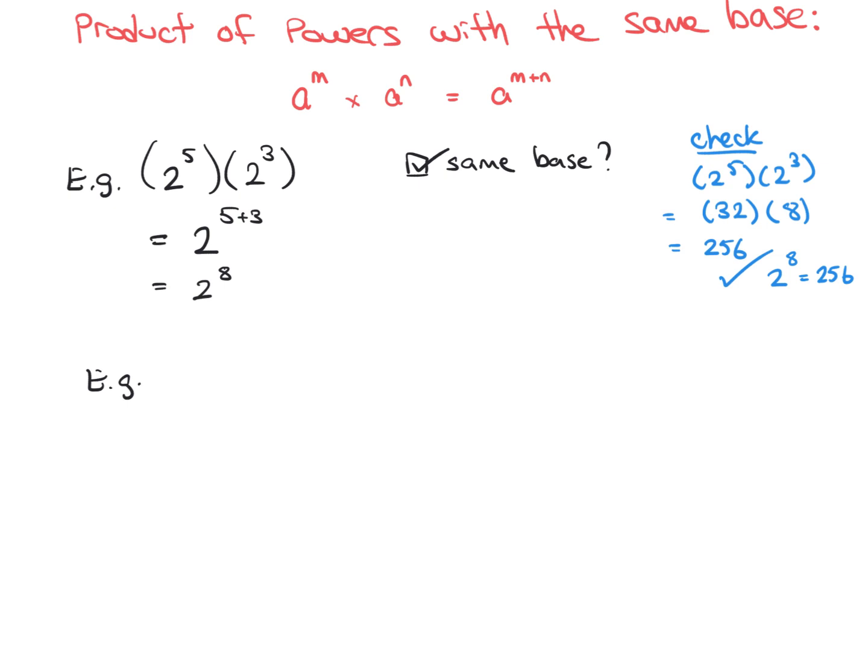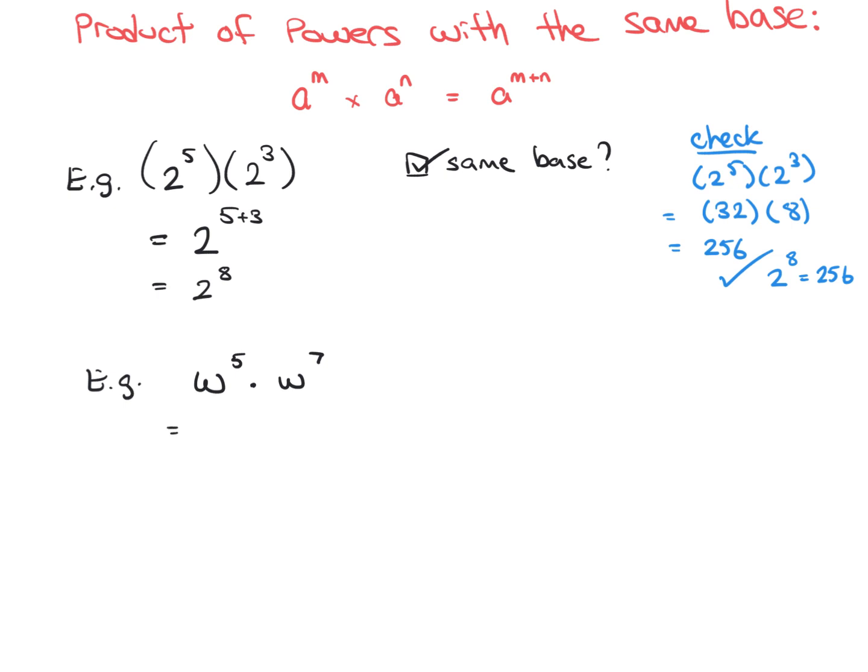Let's go with a different letter here. Let's say W to the exponent of 5, times, so this dot is often used for multiplication as well, W to the exponent of 7.